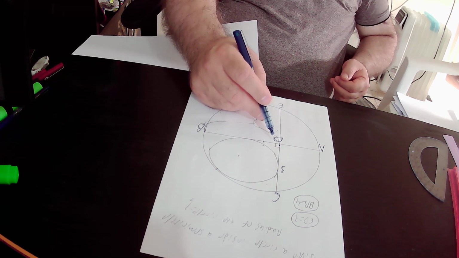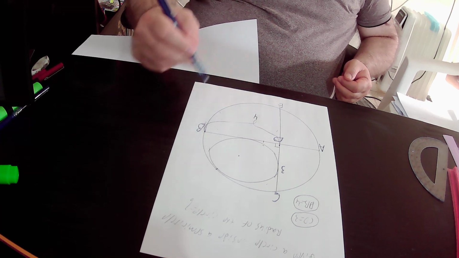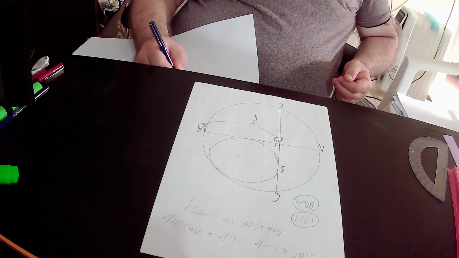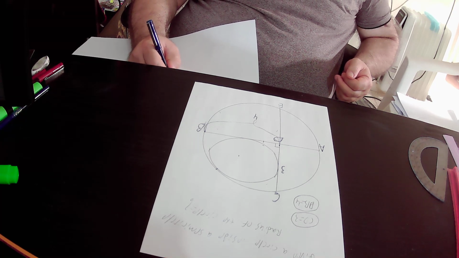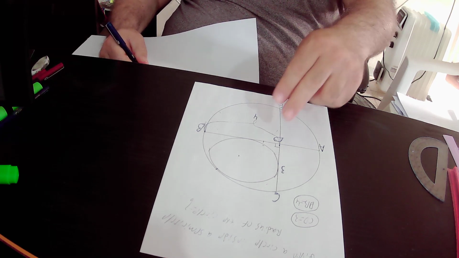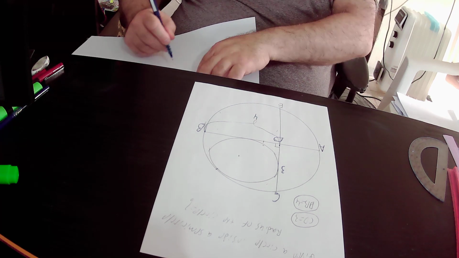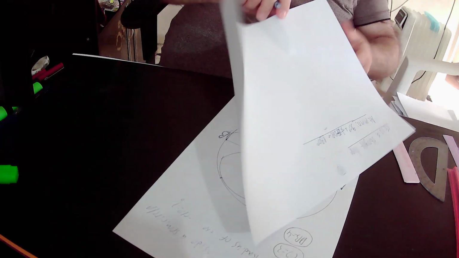We have one angle that is equal to 90 degrees plus angle EDB. So 90 degrees plus the size of angle EDB. In total, the sum of those two angles must be equal to 180 degrees, according to the rule that the sum of the angles on one side of a straight line is equal to 180 degrees.